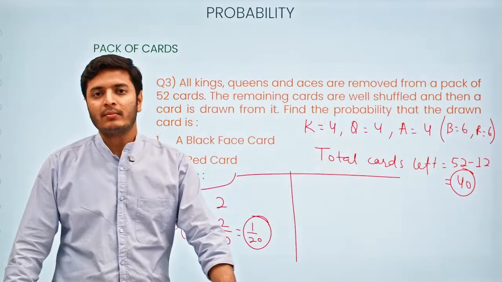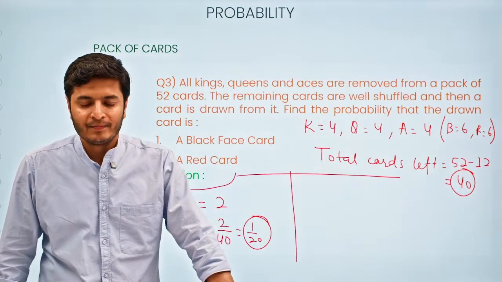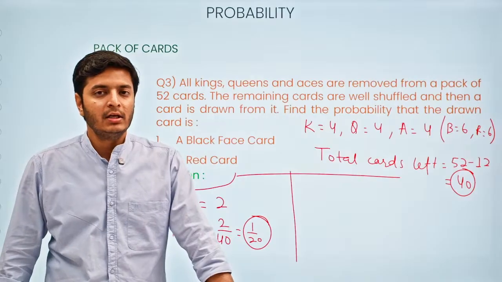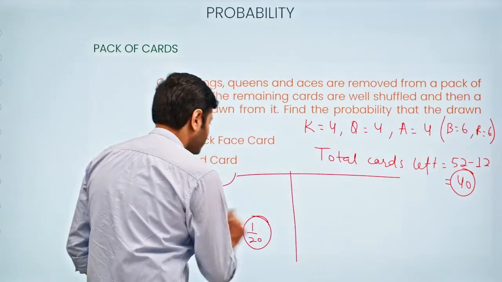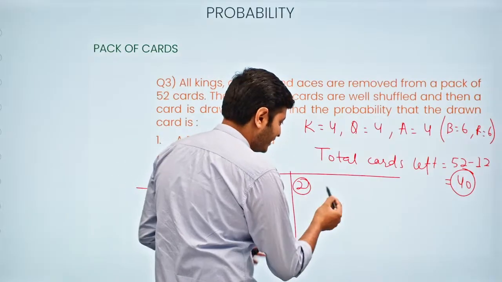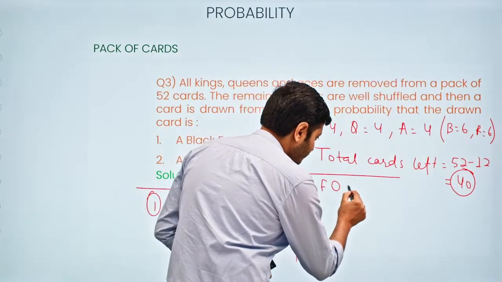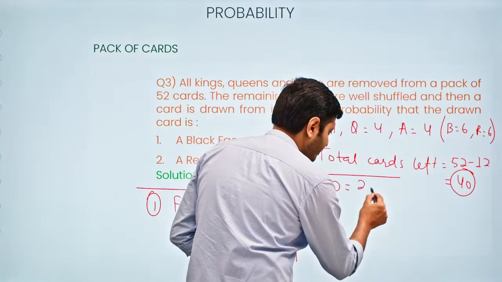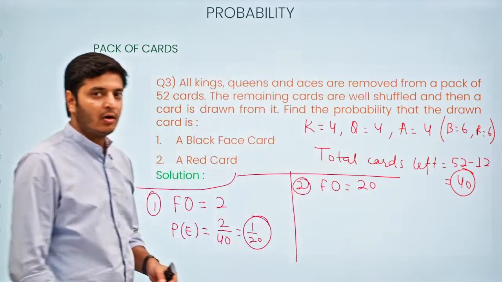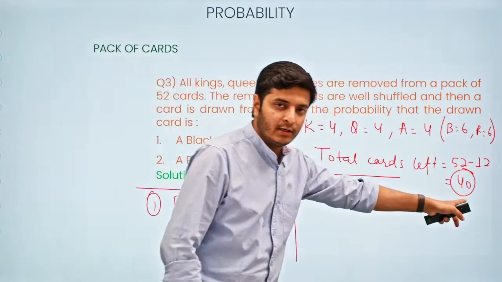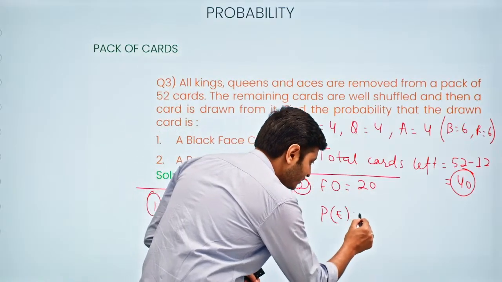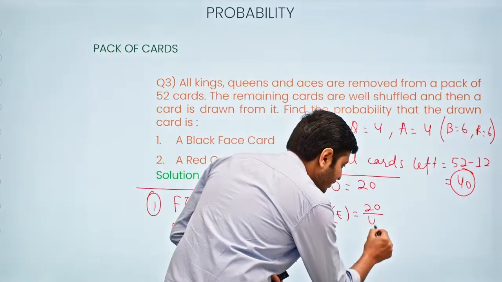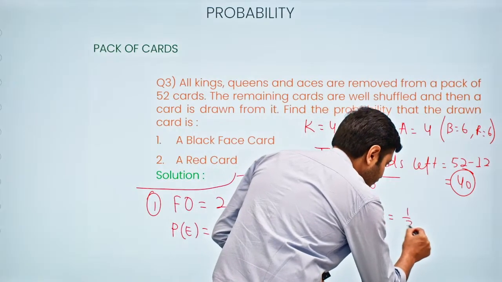But 6 of them got removed from the deck. So how many are we left with? 26 minus 6. So the favorable number of outcomes in the second case is 26 minus 6, 20. And out of 40 total outcomes, the probability of this event to happen is 20 by 40, that is 1 by 2.